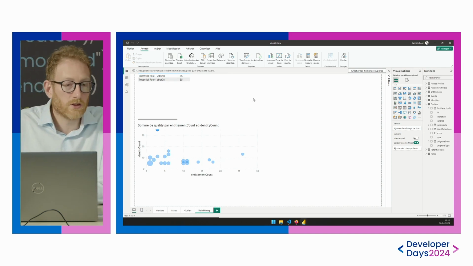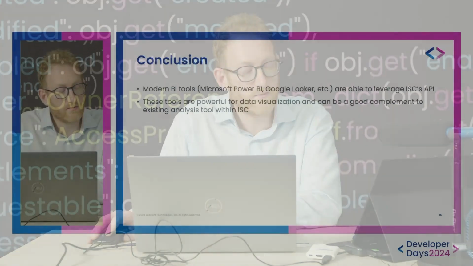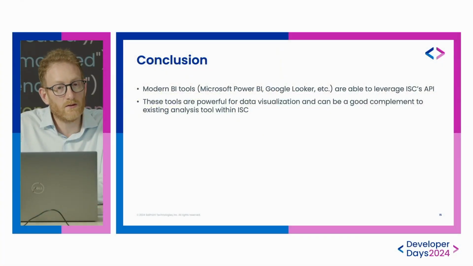As a conclusion, we've seen that modern BI tools like Microsoft Power BI, and I also checked the feasibility with Google Looker and probably other modern BI tools, can very easily integrate with ISC's API and query the data. And these tools are really powerful for data visualization.